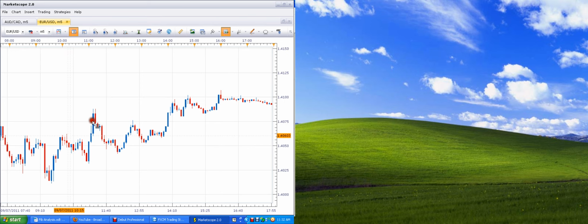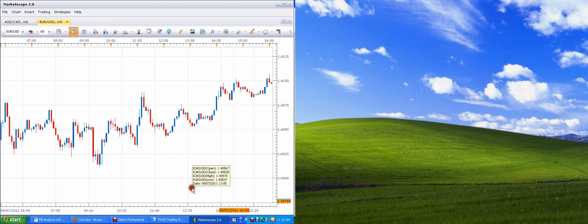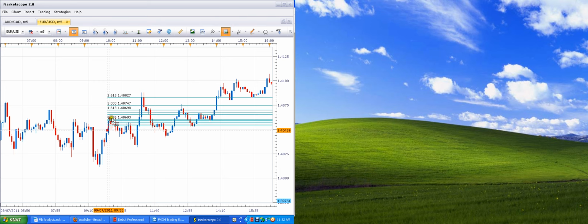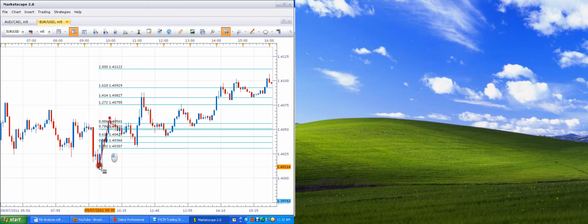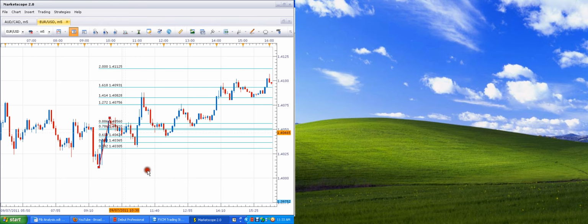For instance, right here, if we take an extension and we draw from the end of the move to the beginning of the move, which is how you draw extensions, you will see that the market came into the 1414 and sharply fell off.